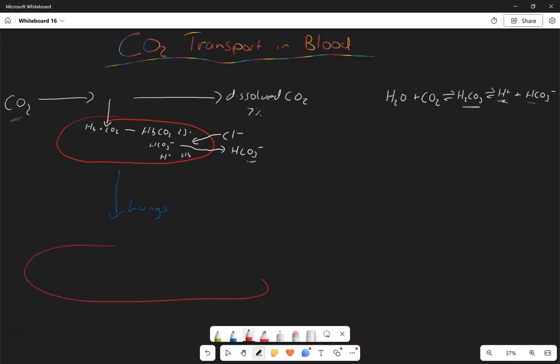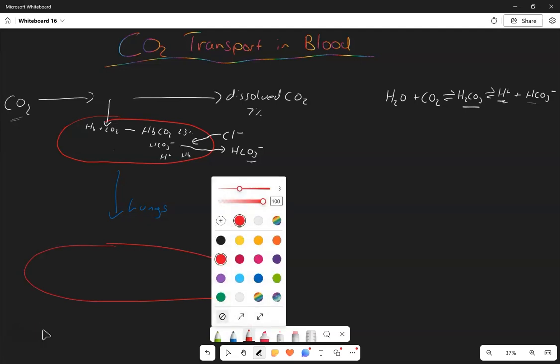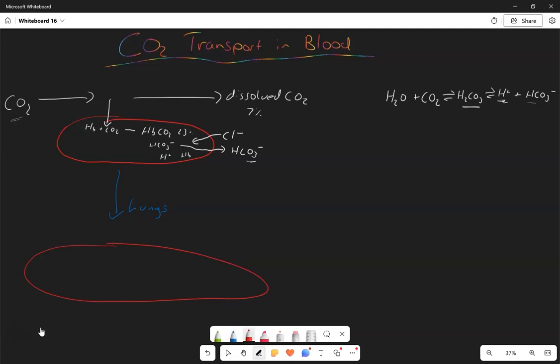And so at the lungs, things are going to sort of reverse, right? So the hemoglobin that has the CO2, the carboxyhemoglobin, right, is going to release it. And so we get our free hemoglobin. Right?